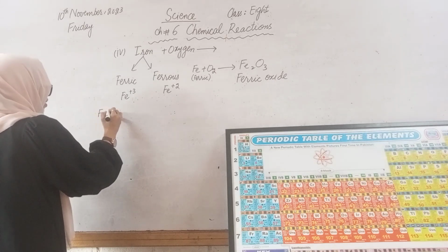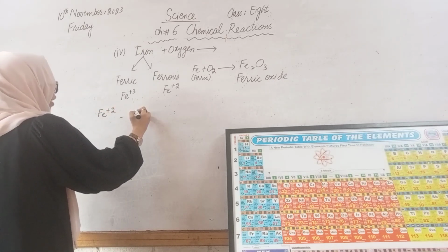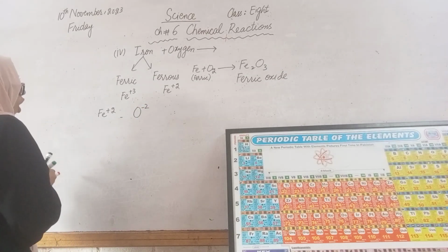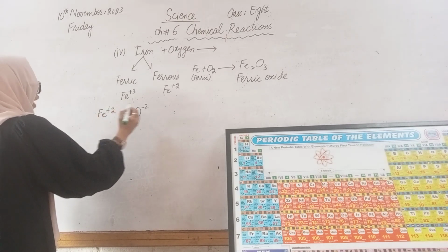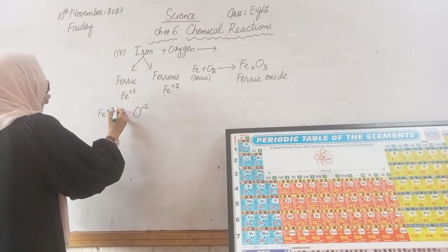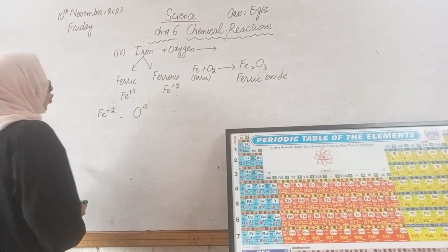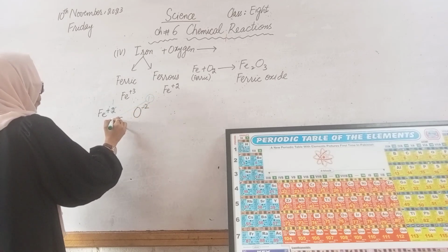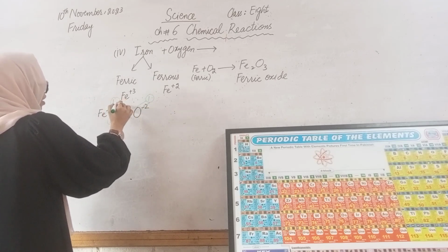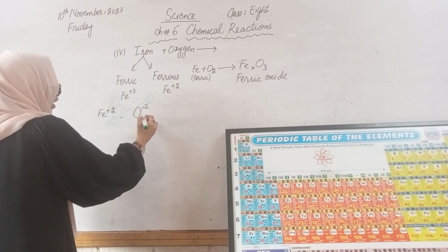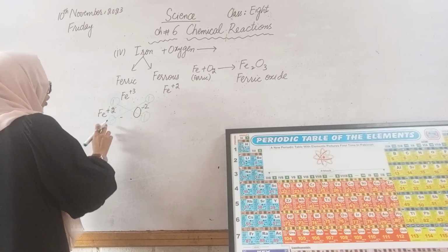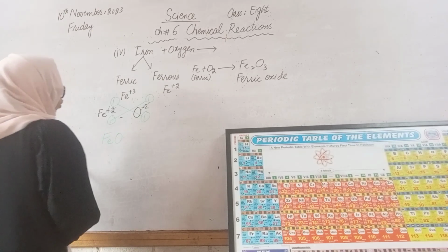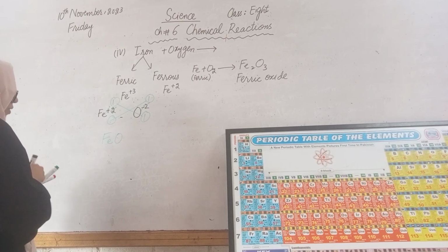Fe has charge +2 for ferrous and oxygen has charge -2. The opposite signs will be crossed, and 2 ones are 2, 2 ones are 2. So 1 will be written at the bottom of each. You know that we do not write 1, and simply we get FeO, that is ferrous oxide.